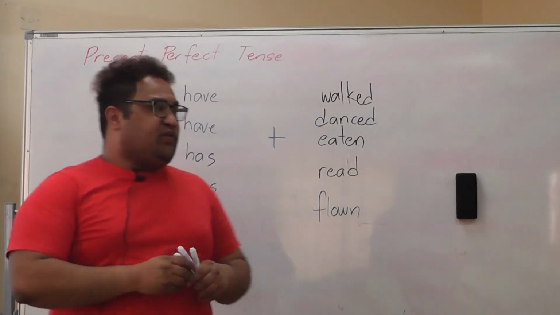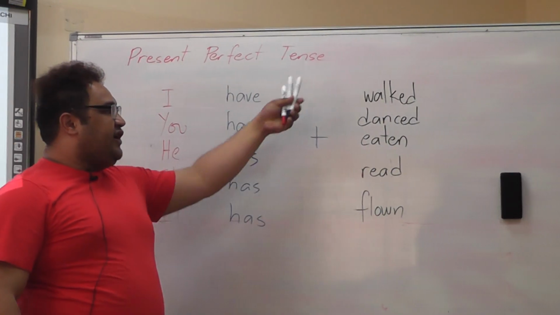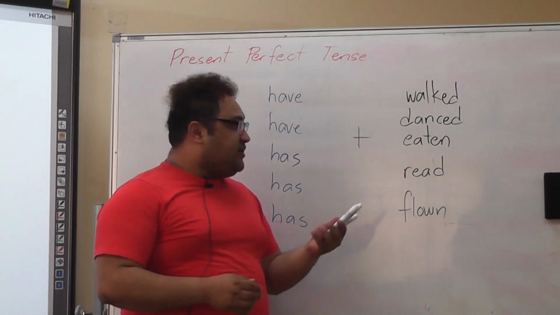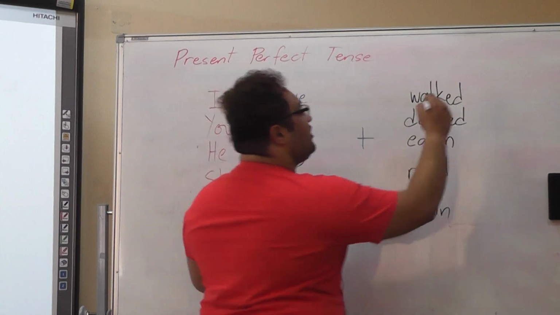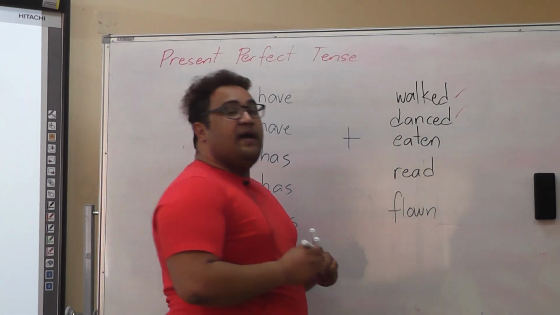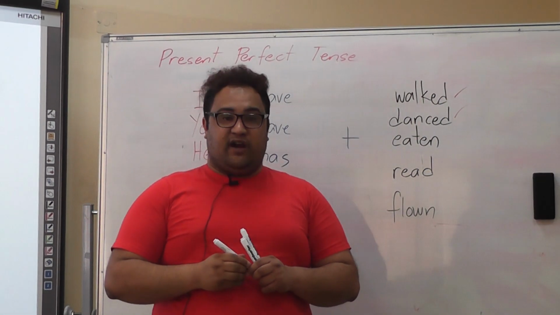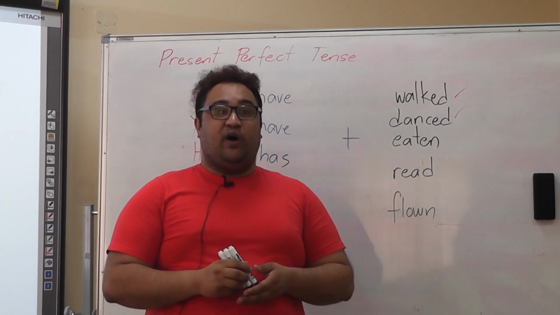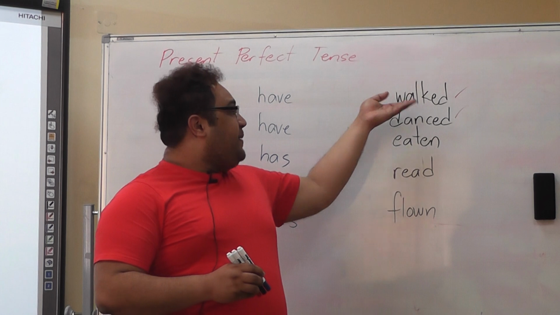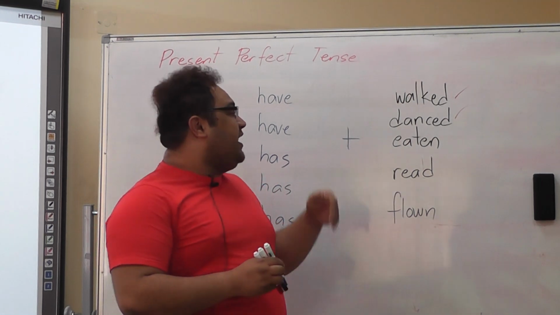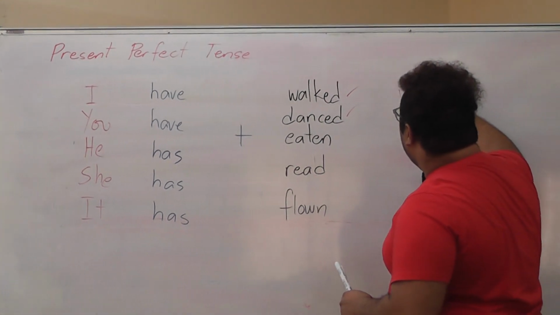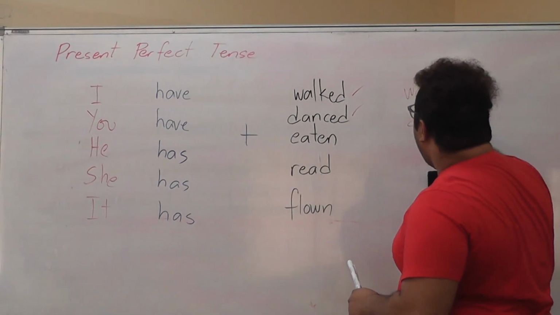Take note that we made use of these verbs in their past participle. We focus on the verbs walk and dance. Both of these are regular verbs. So when you say regular verbs, the base forms of walked and danced are walk and dance.